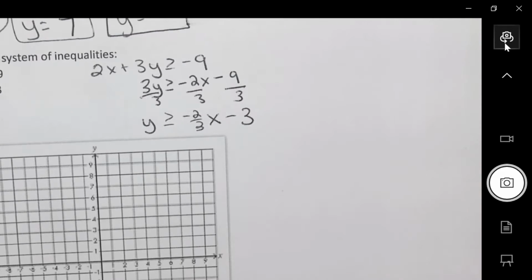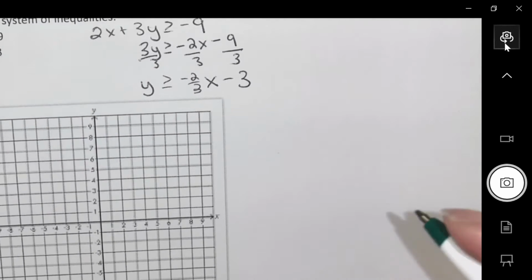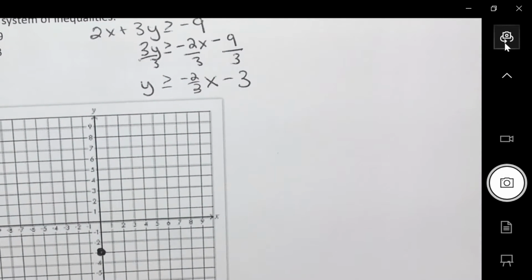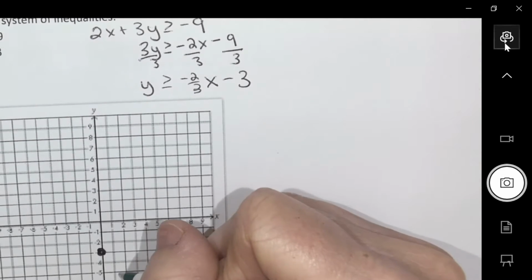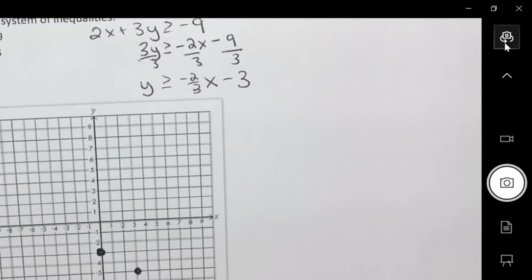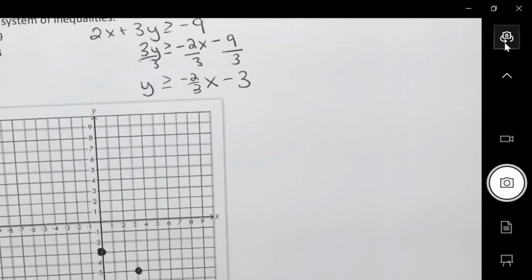Okay, I'm going to graph that. I know it's got a y-intercept of -3. I'm going to go down 2, right 3. And then I'm going to ask myself when I connect them, is it going to be a solid or a dashed line?